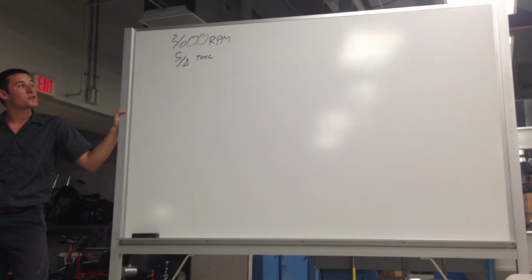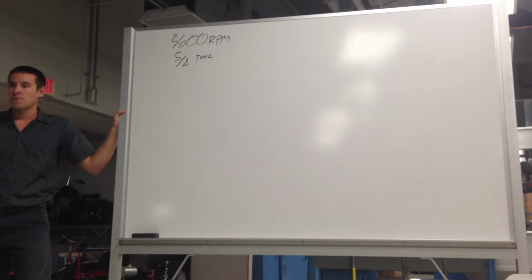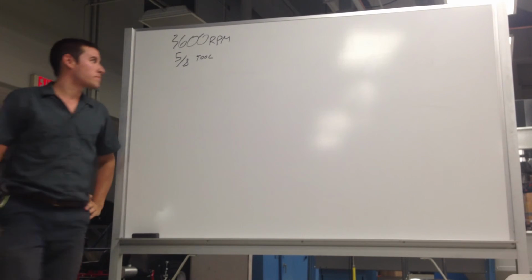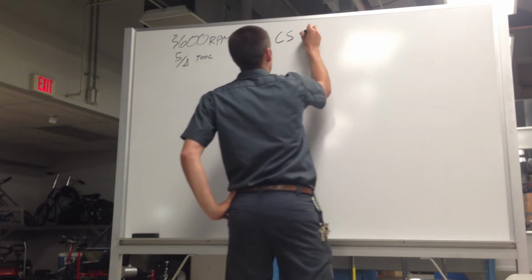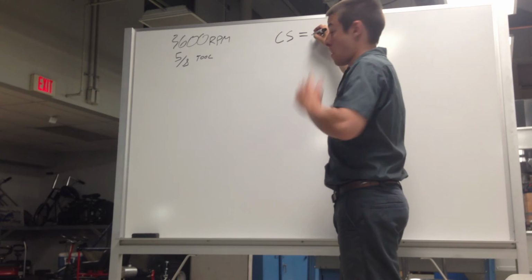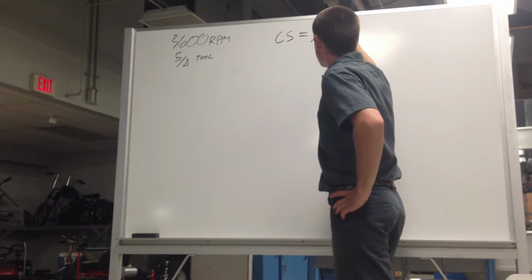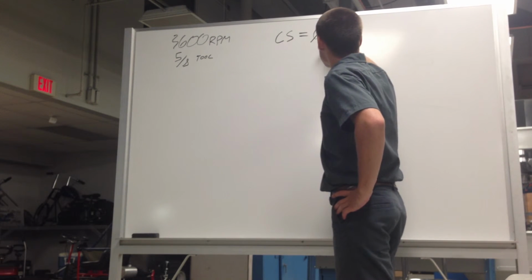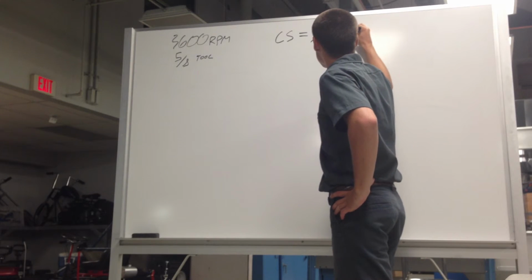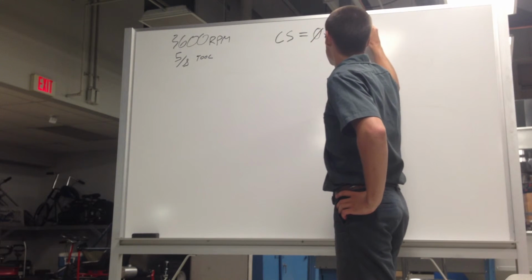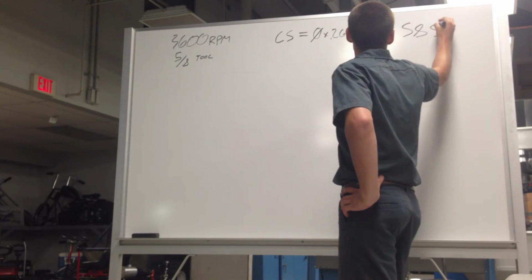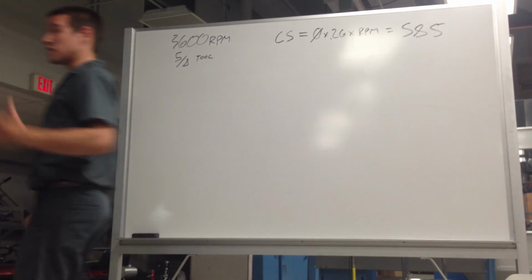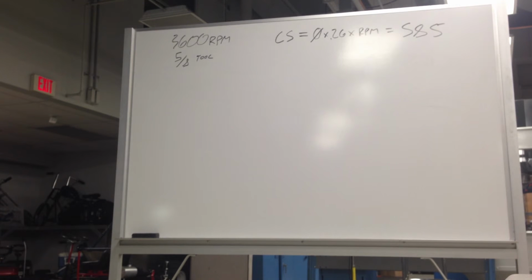So, what's our surface speed? 585. So 585, that's a pretty good surface feet per minute for aluminum.